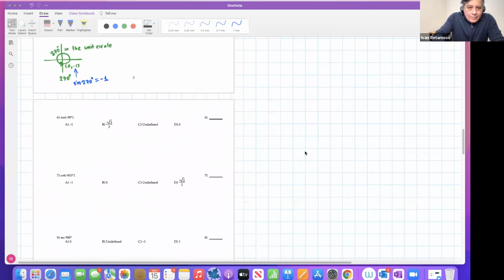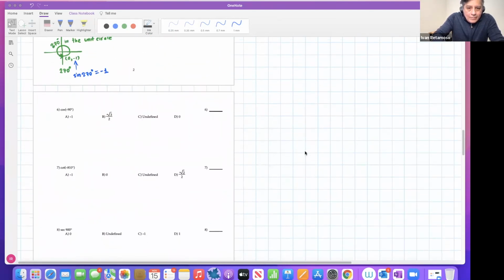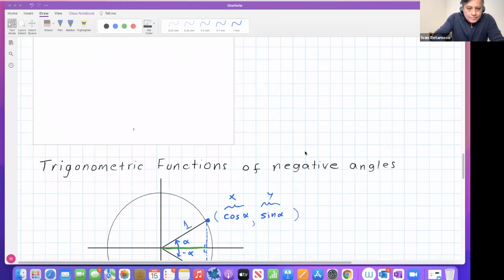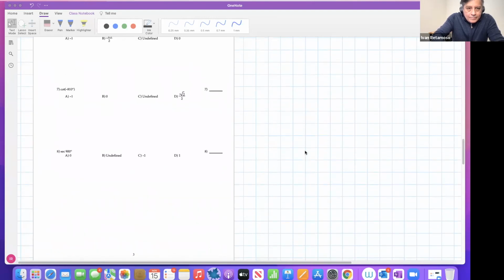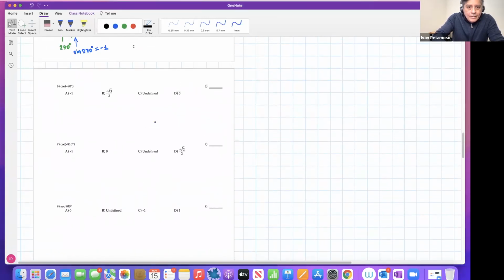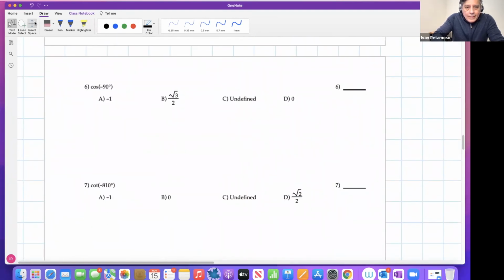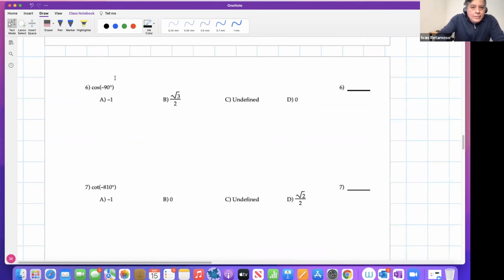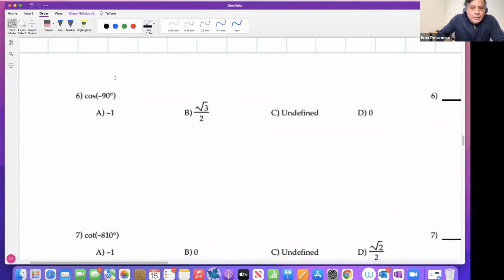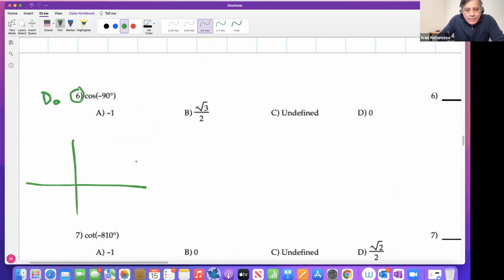Okay, for example, can you figure out in the worksheet this question? Cosine of minus 90 degrees, either using the formulas for negative angles or drawing this on the unit circle, right? Try to do this. I will give you a hint.